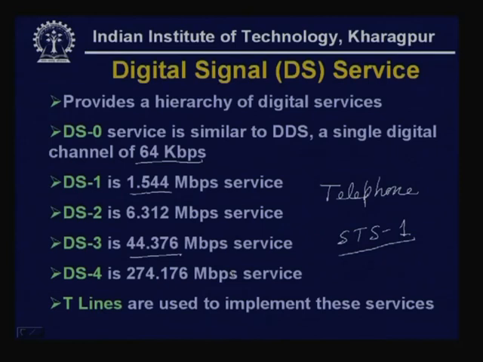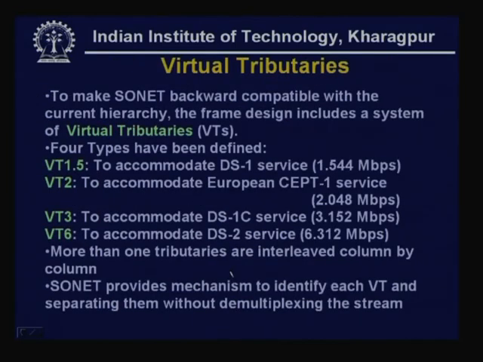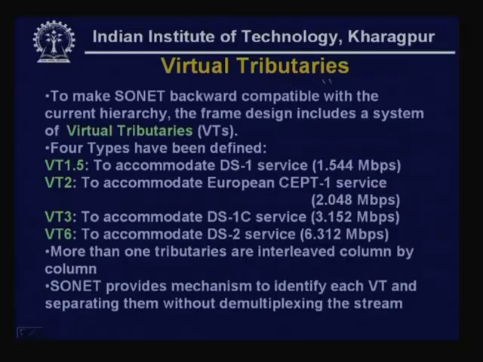For that purpose, a technique known as virtual tributaries has been created, and let us see how we can send those DS signals through the SONET signal by using these virtual tributaries. To make SONET backward compatible with the current hierarchy, the frame design includes a system of virtual tributaries. 4 types of tributaries have been defined.